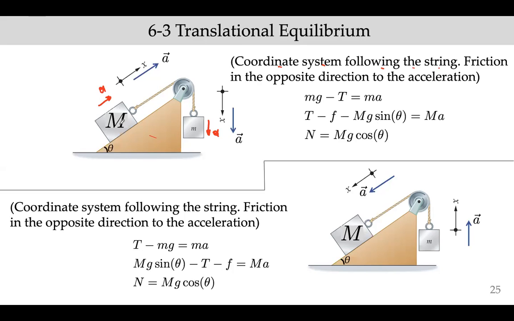For example, for this m, I will choose the down direction to be positive x, following the string. Why do I choose not the opposite? Because I am choosing the positive direction in the same direction as the acceleration so that I don't have to deal with a negative sign when I write acceleration.